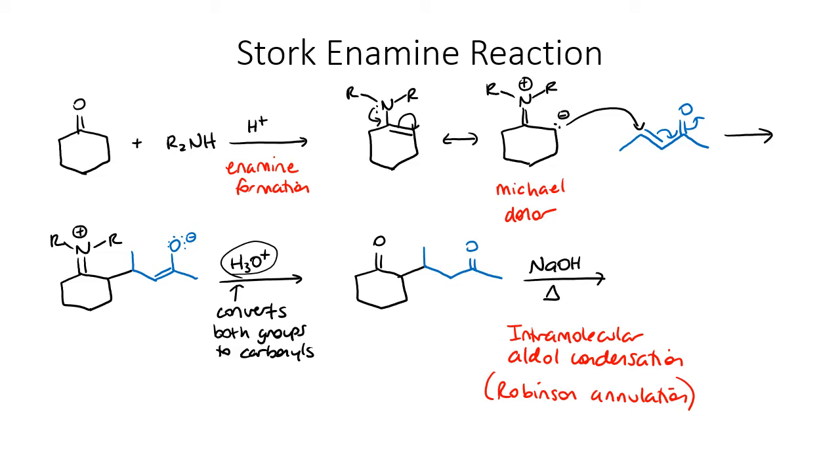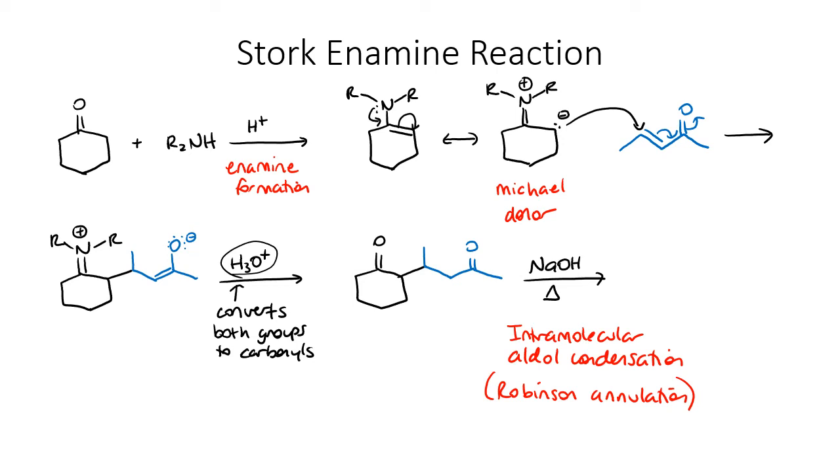Now it's the same mechanism as what we saw with the intermolecular aldol reaction. The sodium hydroxide is going to remove the alpha proton from the end of this carbon here. This carbon will attack the carbonyl carbon and will ultimately form a 1, 2, 3, 4, 5, 6-membered ring that's going to be fused with the other 6-membered ring.